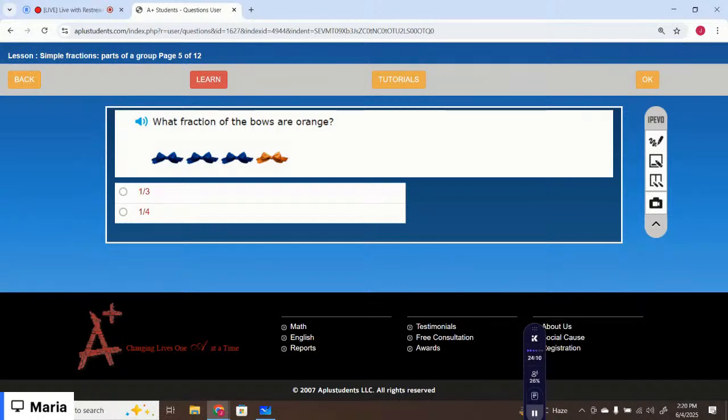So which is the correct option? That is one out of four because the total bowls are four and one of them is orange.